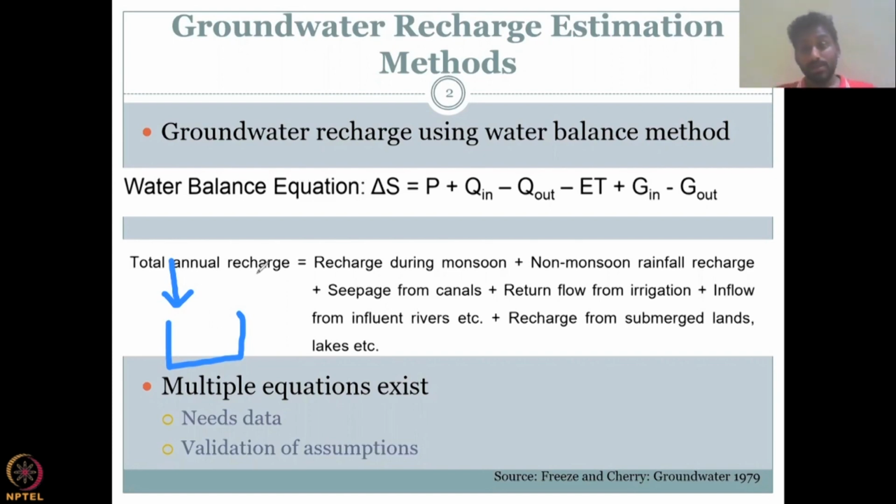Seepage from canals. As I said, when the dam water is filled up during monsoon, some of the water is channelized to these irrigation fields. The irrigation canals along the way will not have cement lining, and those canals would give recharge. Then return flow from irrigation.